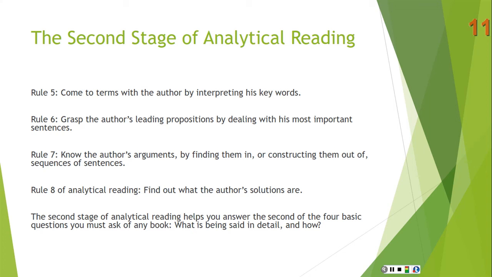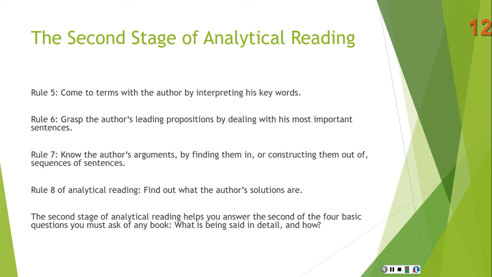Rule number 7, construct the author's argument out of the key sentences. And finally, rule number 8, find out what the author's solutions are. So with rule number 4, I believe, you had to find out what the author's problem was. With rule number 8, you find out what the author's solution is.